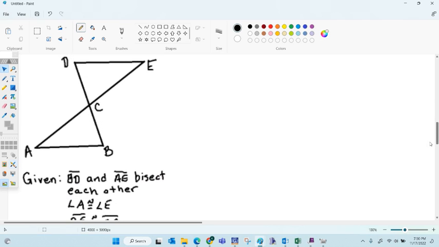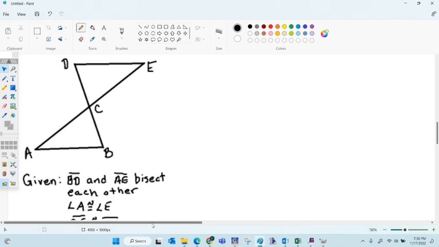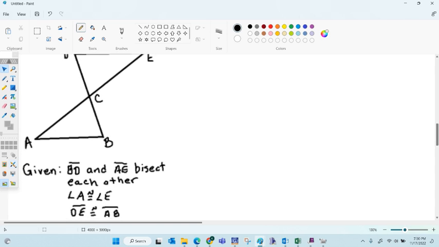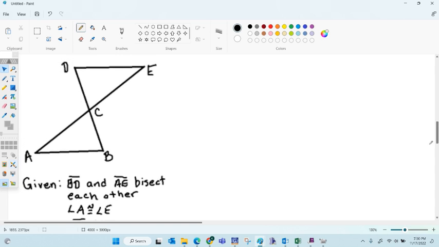I wish I was able to be there today, and I wish I was able to have you guys give me your thoughts on what you would do next in a proof like this, but our goal is to prove that the triangles are congruent.